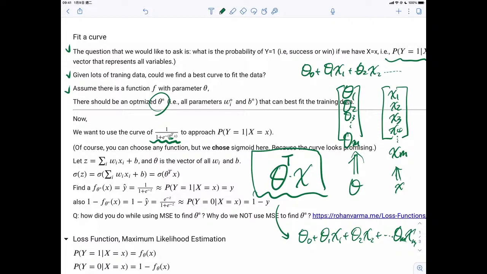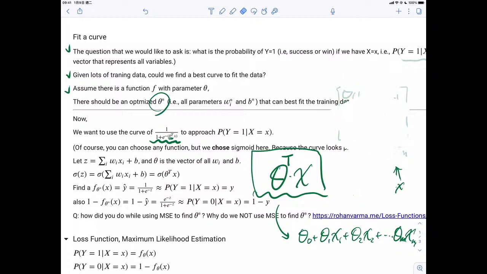The big T represents the matrix transpose, so that they can be multiplied. So when you see this later, don't be confused; it just means the sum of products. I think everyone should understand this. So when you see theta transpose product x, it simply represents the sum of the following items.